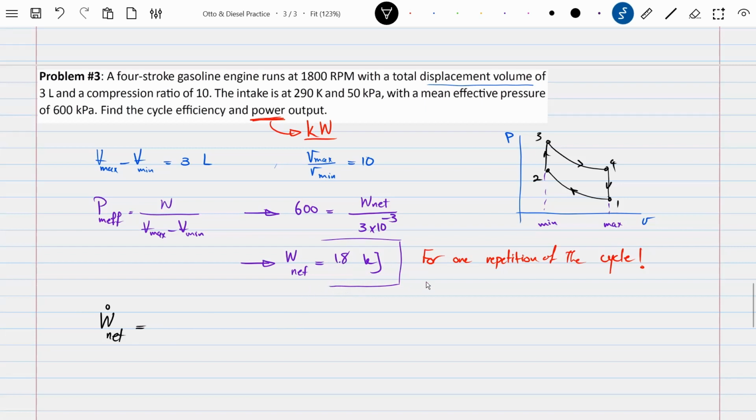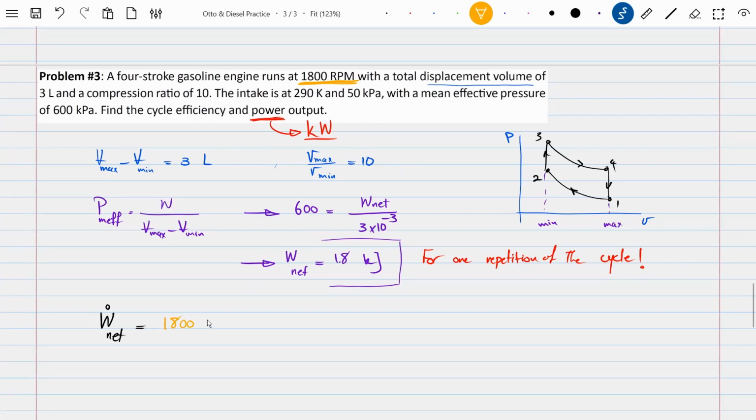How many cycles does the engine go through in any given minute, let's say? Now, I say per minute because I know the RPM of this engine. So 1800 RPM means that the crankshaft of this engine goes through 1800 revolutions per minute. If I know how many revolutions it goes through over a minute, I can easily calculate how many it goes through per second, right?